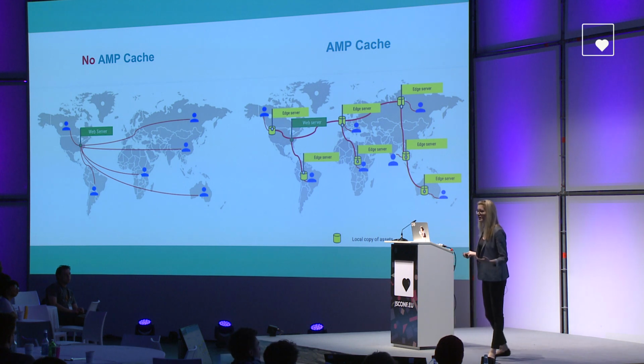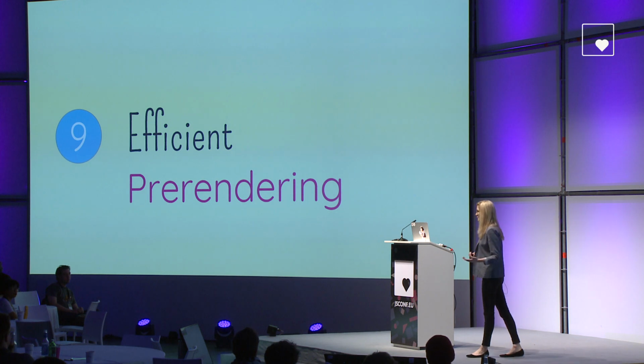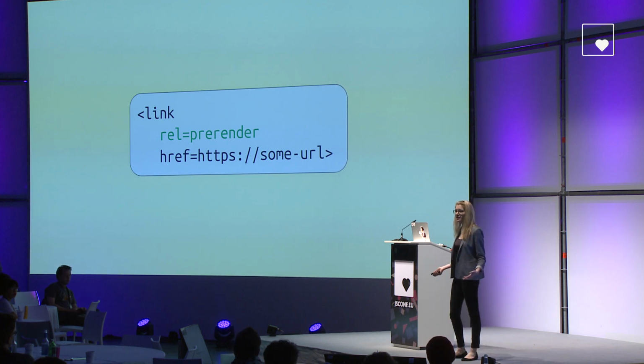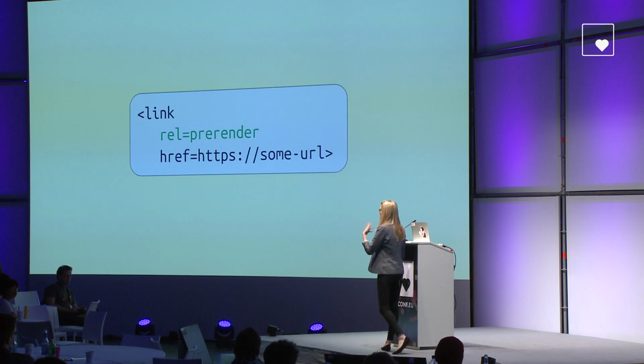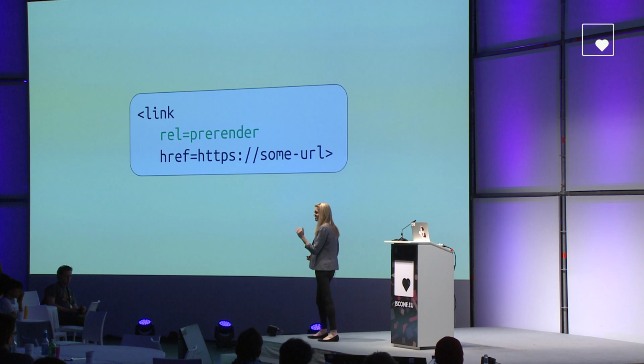And some of the optimizations that we do on the cache is, the first is efficient pre-rendering. So browsers used to have this thing called rel equals pre-render, where you could have a link on your page, and you could tell the browser, hey, download, pre-render this link.